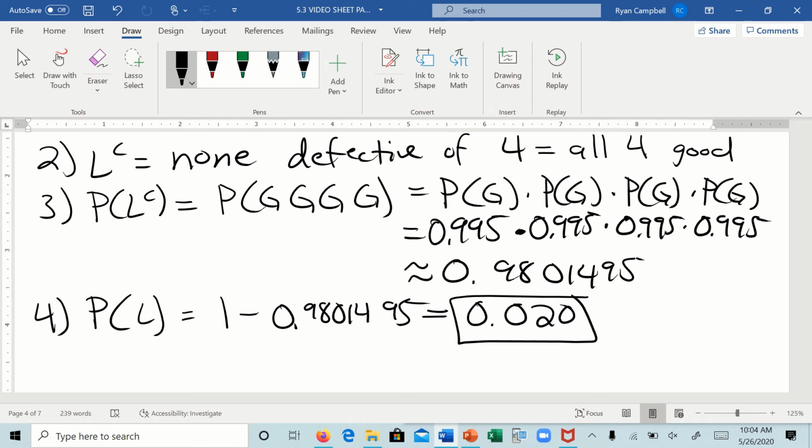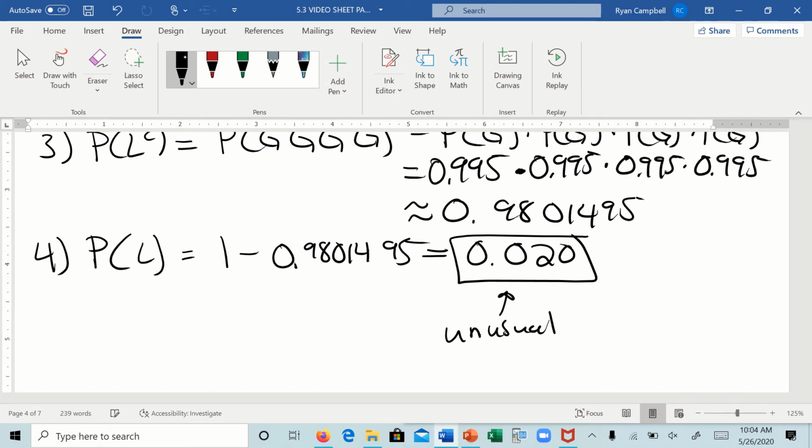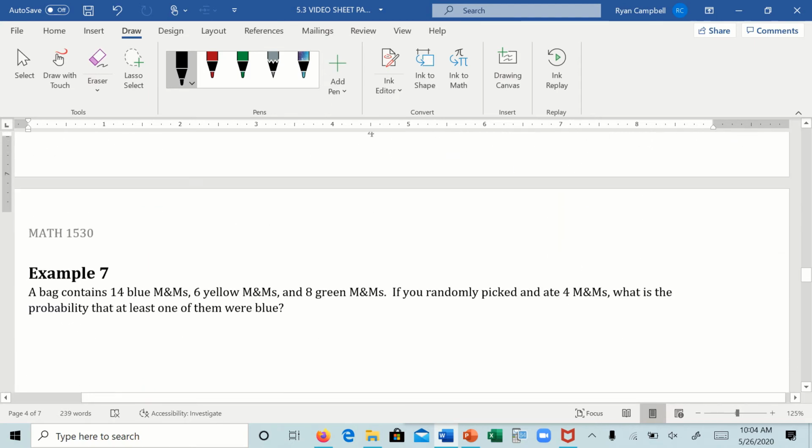All right. Would this be considered unusual? Yeah, this would be unusual because it's less than 0.05. Good. Let's do another one.